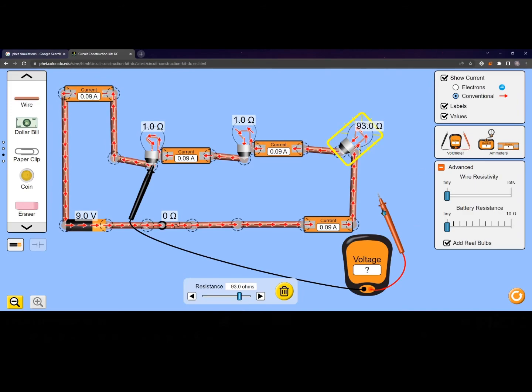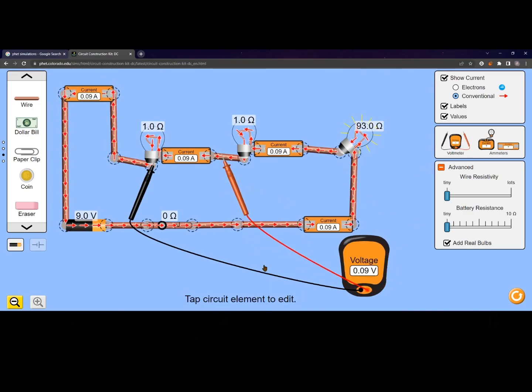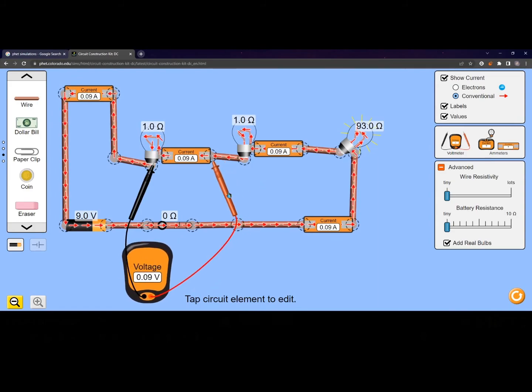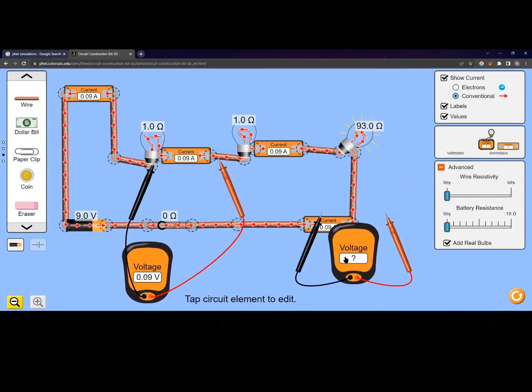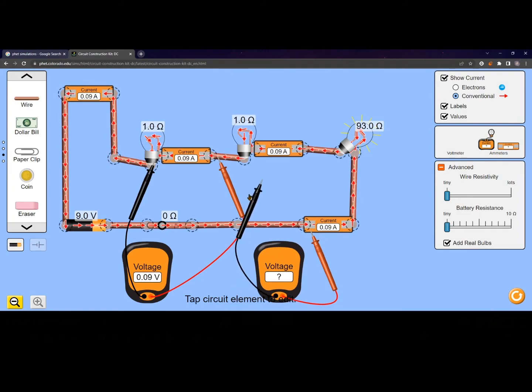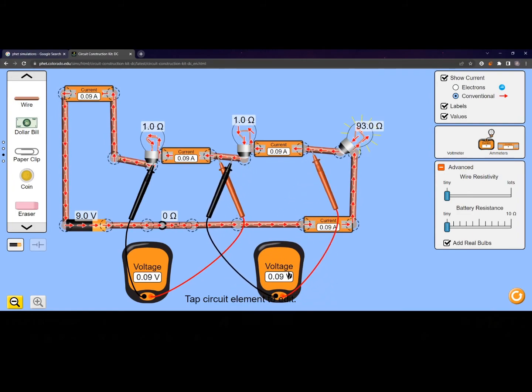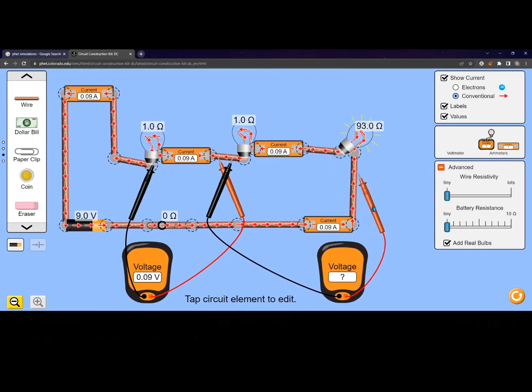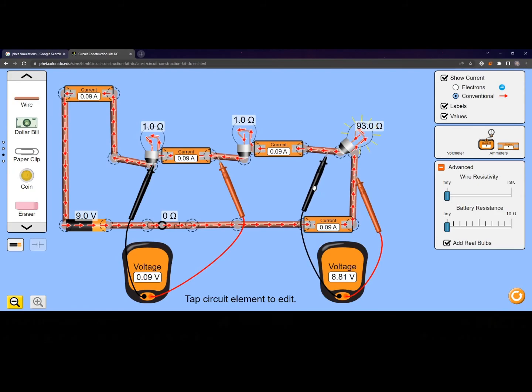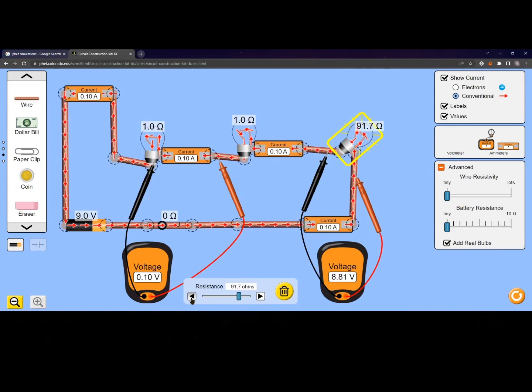Right now I'm going to put the voltmeter on this one. Now I'm going to use 3 voltmeters, right? There we go. The second is telling me the voltage across the second one, and oh, I can only use 2. All right. Let's see the voltage across the big one, because these two are of the same value, so they will have similar behavior in the circuitry.